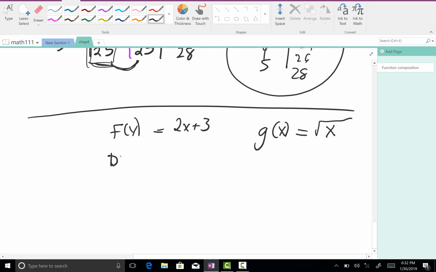And let's write some domains down and some ranges. Now the first one, if we graphed it, what would the graph be? A line. What's the domain of a line? All reals. Doesn't matter. You pick a line, unless they're horizontal or vertical, the domain's all reals. What's the range going to be?